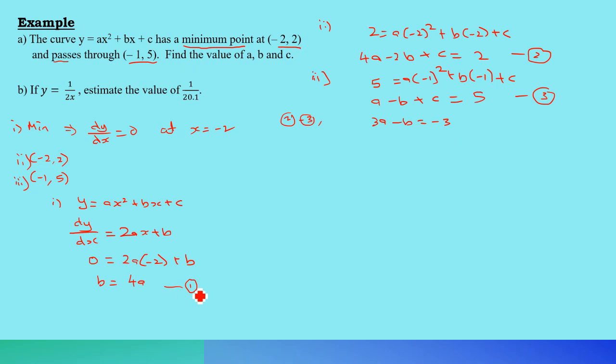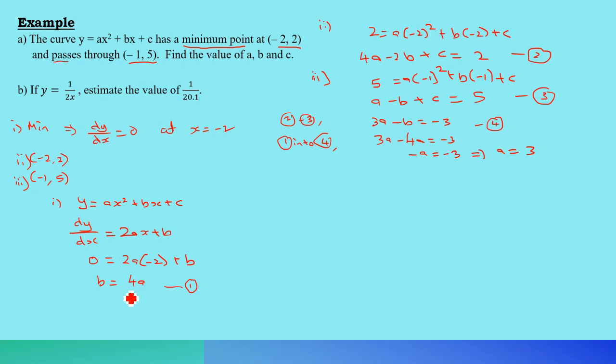And then replace 1 into this. If I call it equation 4, so 1 into 4. When you replace, you get 3a minus 4a equals negative 3. So what you have is negative a is negative 3, therefore a equals 3.